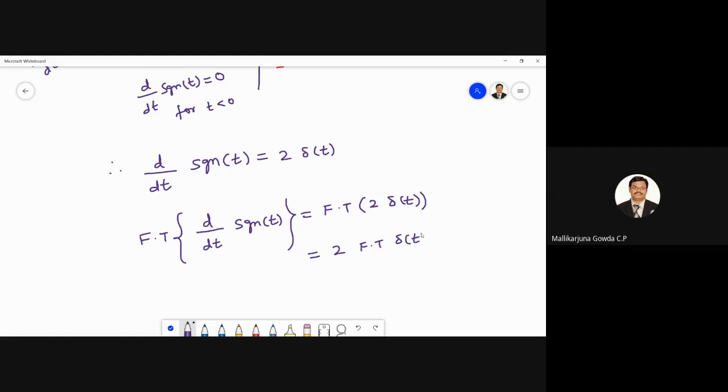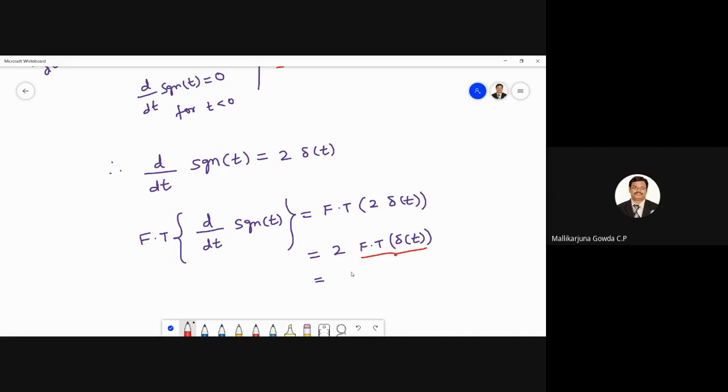So anyone can say what is the Fourier transform of delta of t? Yes, quickly. What is the Fourier transform of delta of t? I expect these simple answers.